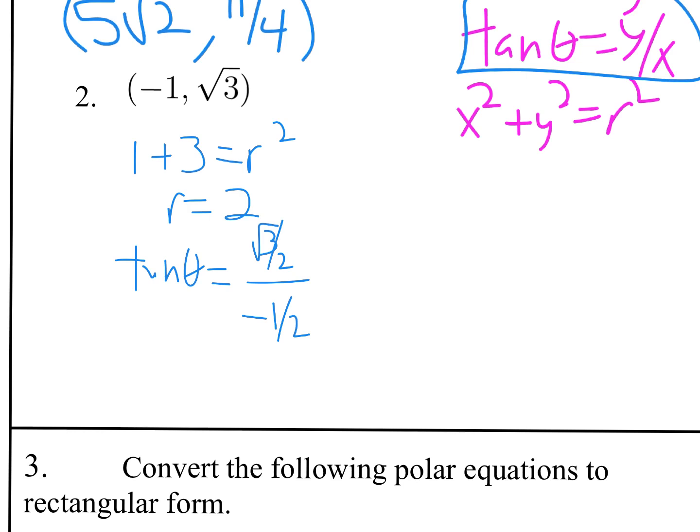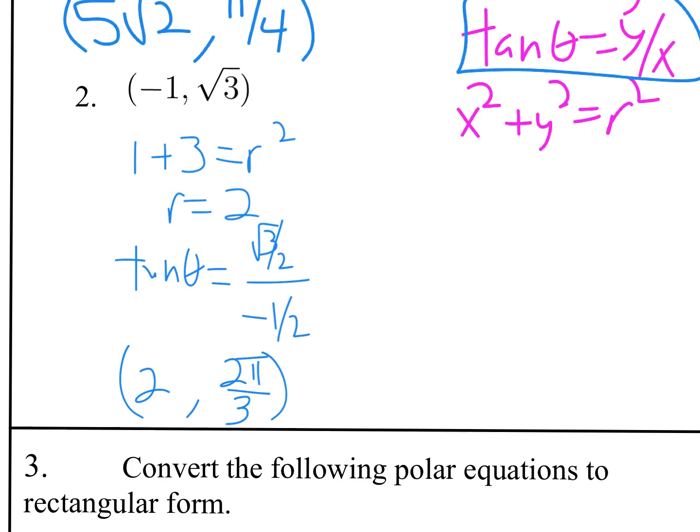And so that's going to be root 3 over 2 over 1/2. So that's going to be pi over 3. But it's negative, so I got to be in the second quadrant. And so that's 2 pi over 3. So 2 pi over 3 for theta, and r is 2.